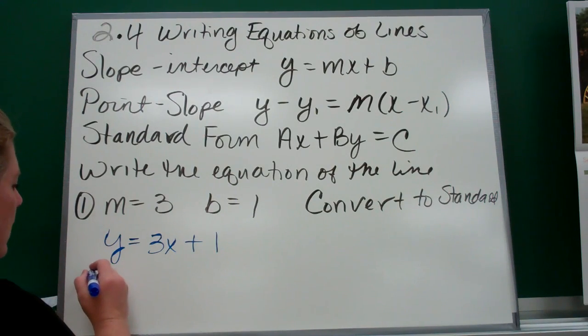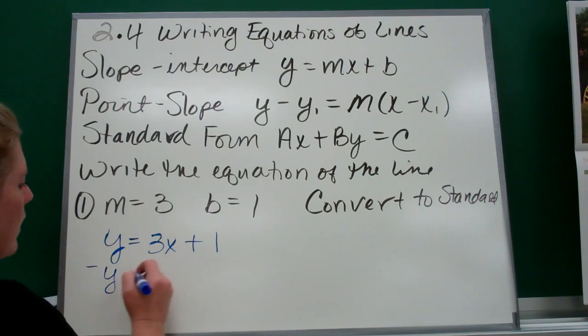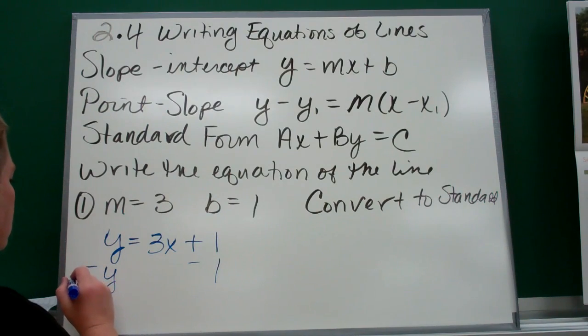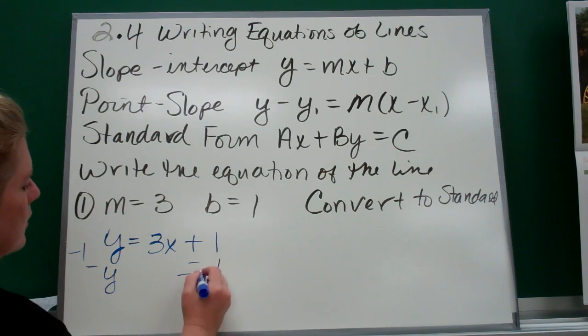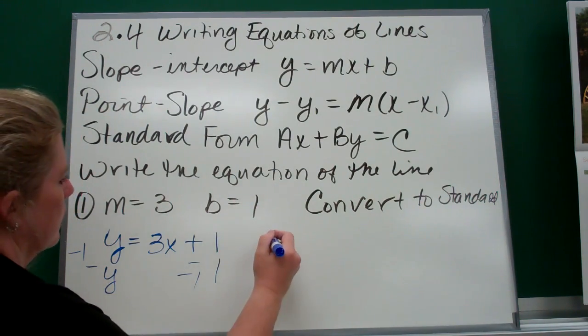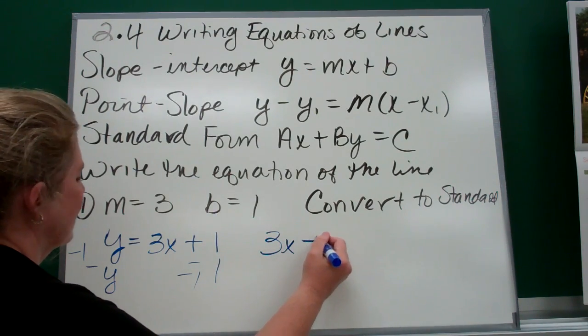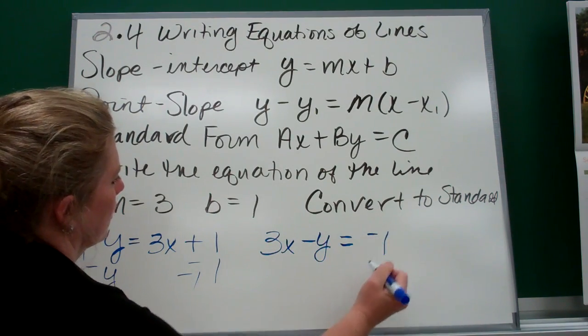Okay, so when we do that, we're going to have negative y, negative 1, subtract a 1, subtract a y, move things around a bit, 3x minus y equals negative 1.